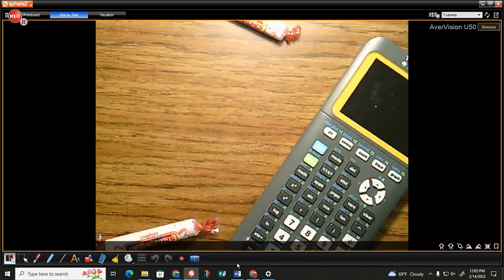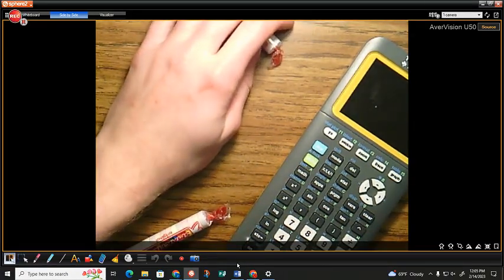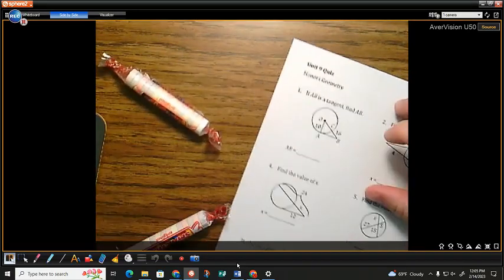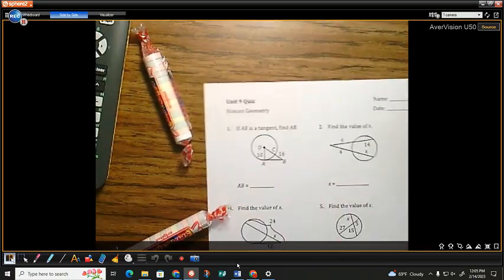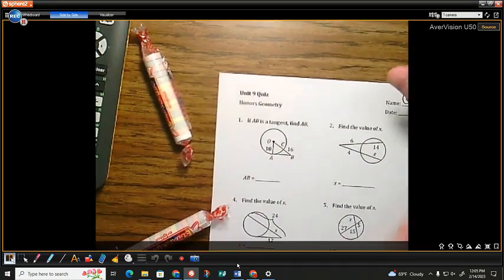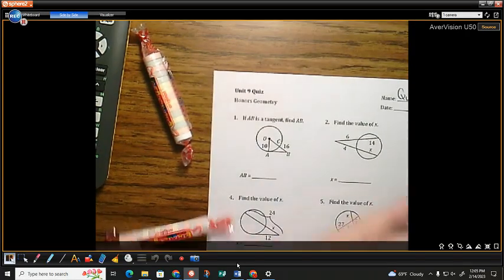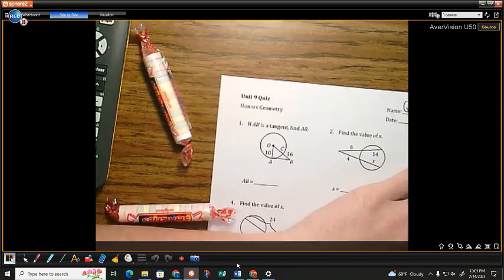Oh my goodness. So, calculator and colors and pencils and stuff. Come on, Elliot.